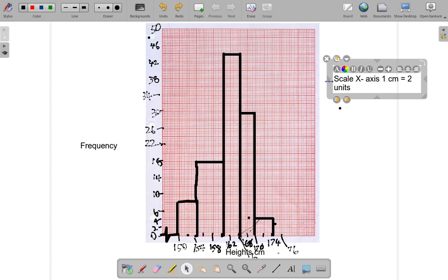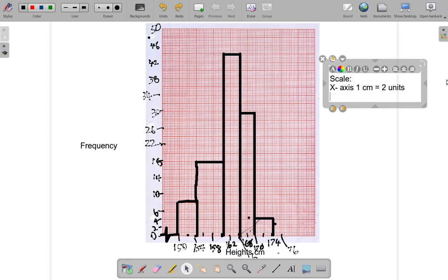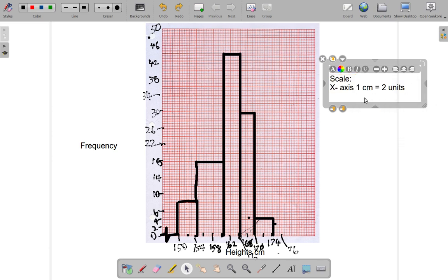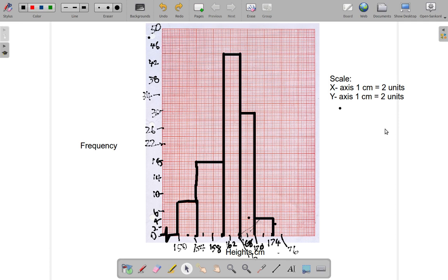Let me stretch this out a bit. Scale: x-axis 1 cm equals 2 units, and then the y-axis, let me just copy and paste this, make it a bit easier for me. For the y-axis, we're having 1 cm equal 2 units. Yeah, it's the same.